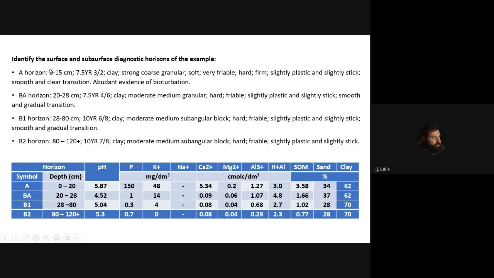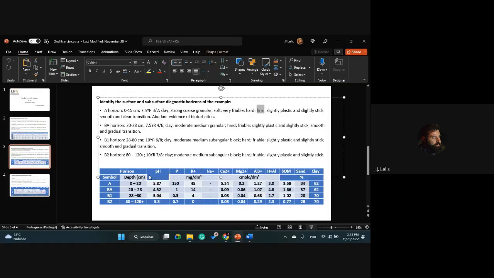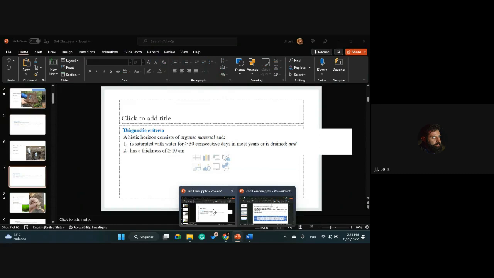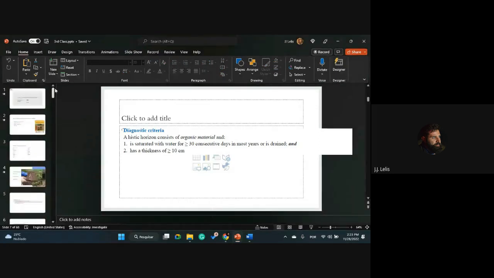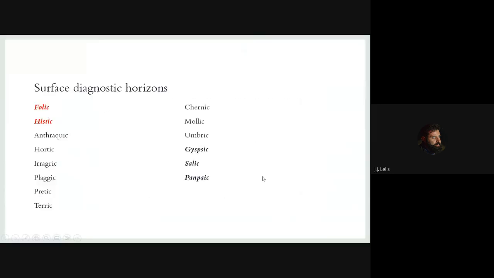So let's see which horizon this surface horizon is. It's not a folic or histic horizon, because the folic and histic horizons are related to organic materials, so they should present organic carbon content equal to or higher than 20%.